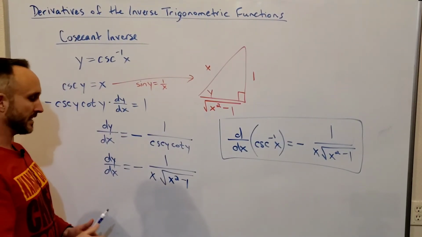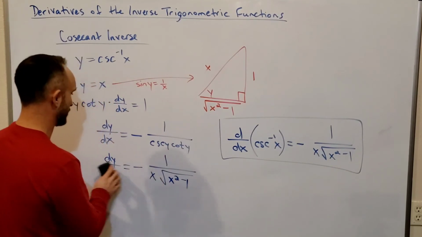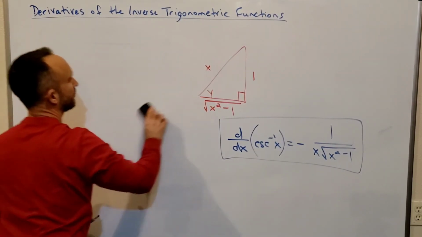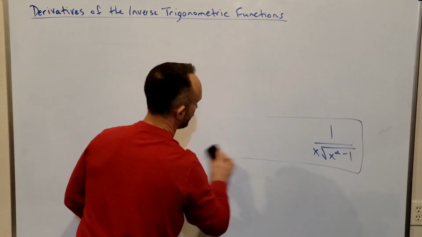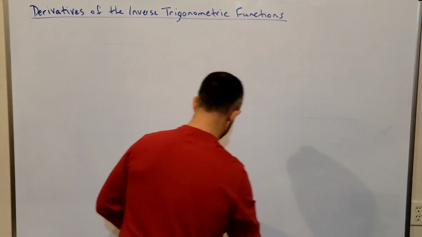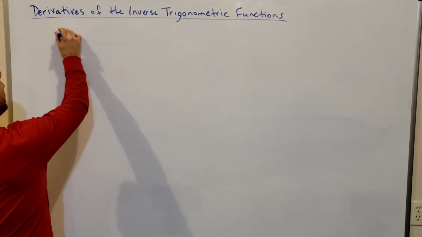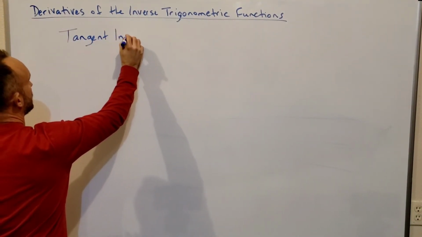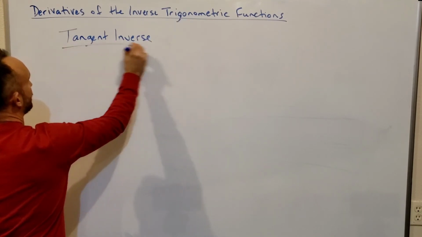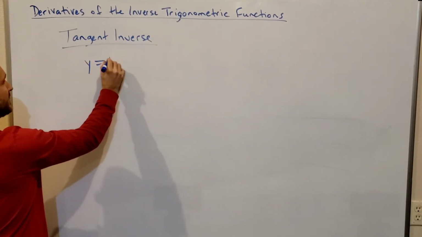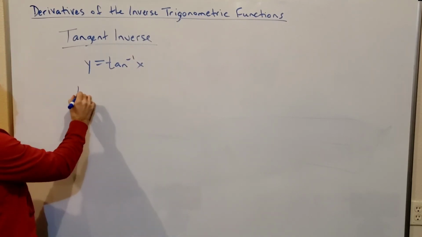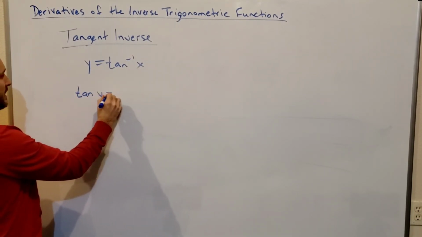Let's finish off the last 2, the tangent inverse trig functions. Okay, so let's look at tangent inverse. So we'll call y tan inverse of x, i.e. tan of y equals x.